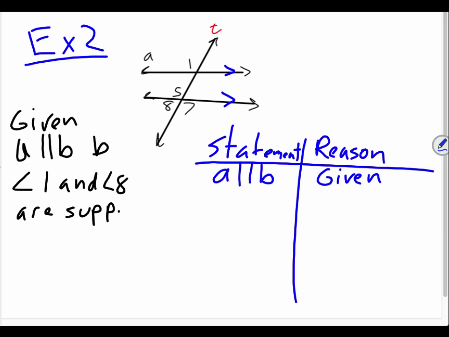And so then, what I know is that angle 1 is congruent to angle 5. Right? Now, what reason is that? What kind of angles are those? Corresponding.